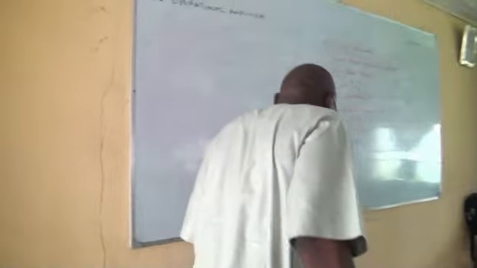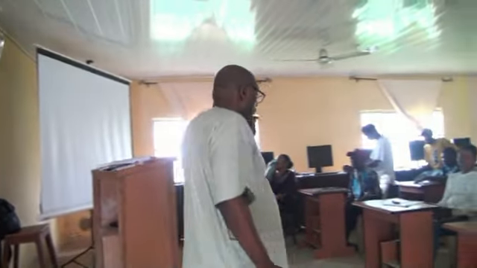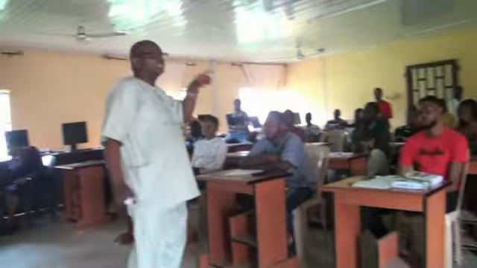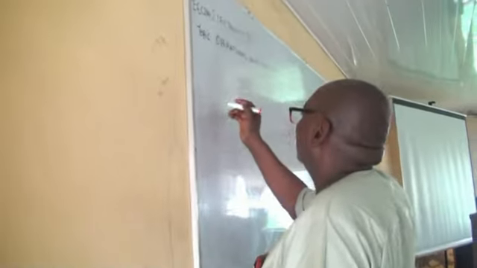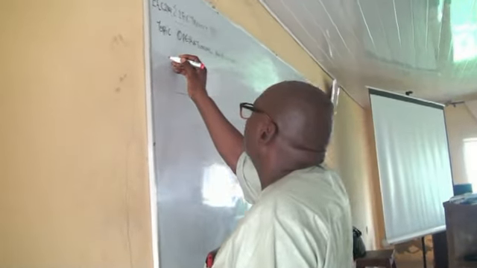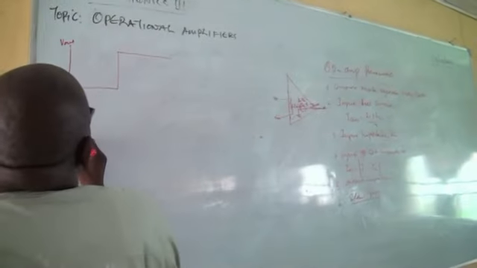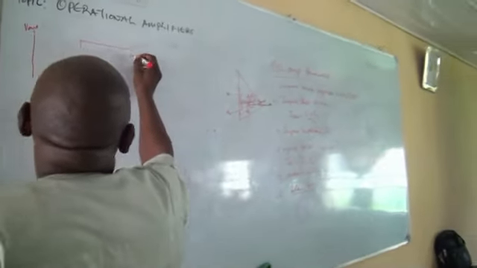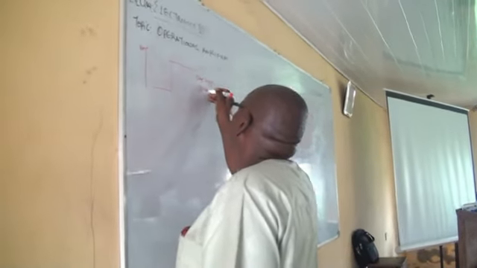It is a change in output voltage in response to a step input. When you have an input voltage like this, maybe something like this, V out. You understand? This is a step input voltage.